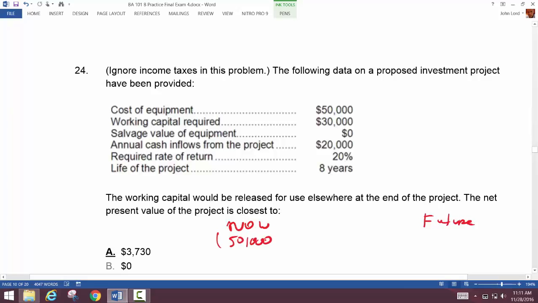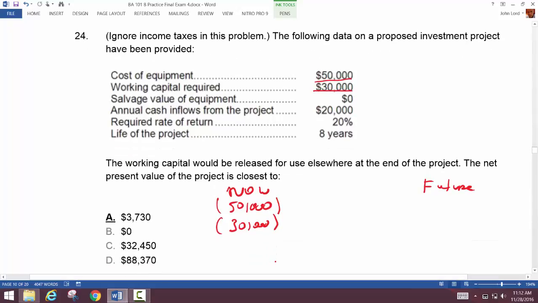And then we also have a working capital requirement coming out now. And again, I'm never sure why they have a working capital requirement that gets tied up. I don't know, some sort of deposit or something that we're going to have to be using here. But that also comes out now, doesn't it? Okay. Then what? No salvage value.